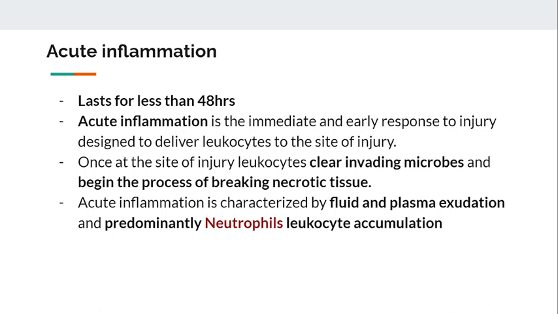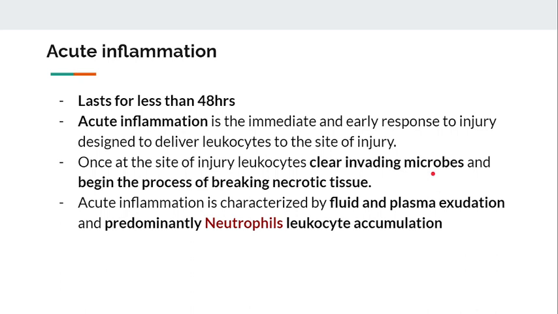Okay, so what you're getting from this slide is that acute inflammation will last for about 48 hours. Of course, it is the first response after you are injured, and its function is to deliver neutrophils to the site of injury. Those neutrophils' function is to break down the necrotic tissue and also to clear invading microbes, of course, by the process of phagocytosis.